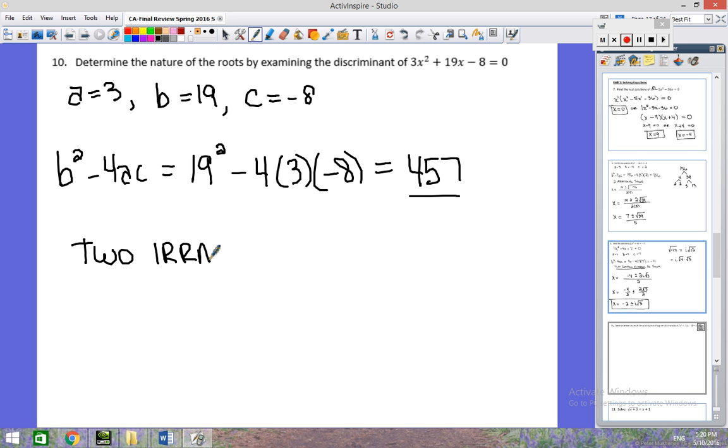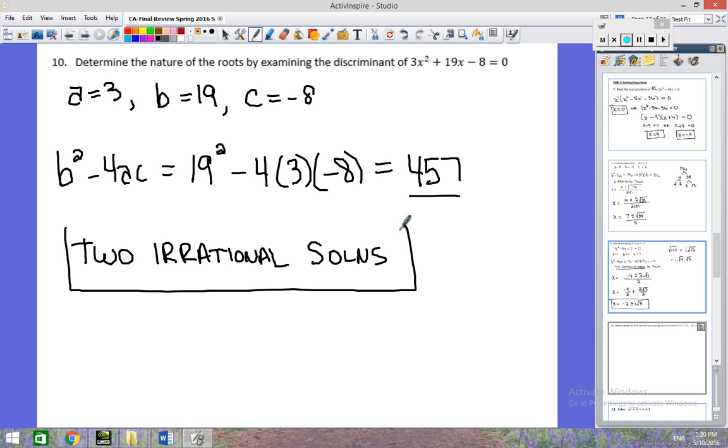Real numbers can be categorized as either rational or irrational, but not both. So two irrational solutions. And we don't have to go any further with this one. They don't care what the solutions are. They wanted us just to describe them, to determine the nature of the roots. So two irrational numbers as solutions.